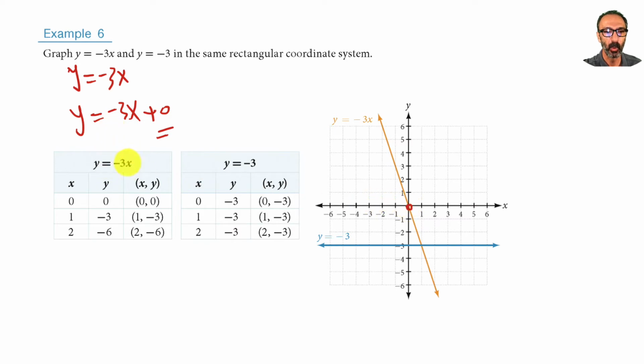And if you plot points, if you plug in 0, you get 0. 0 times negative 3 is 0. If you plug in, let's say positive 1, just to stay consistent with what they have, 1 times negative 3 is negative 3, which is right there. So we get the 0, 0 and the 1, negative 3.